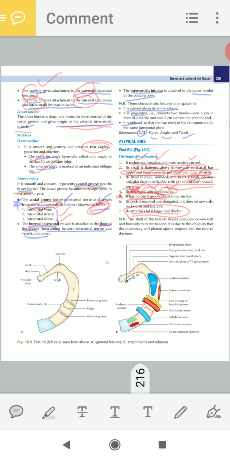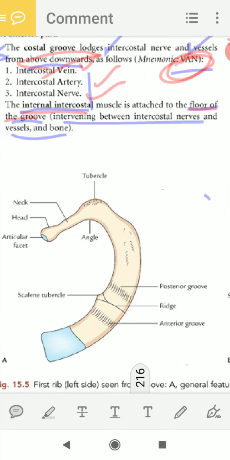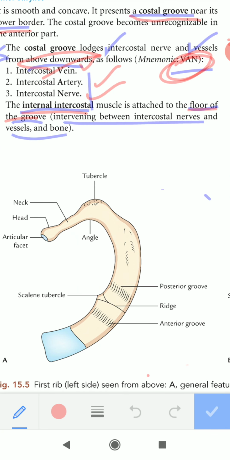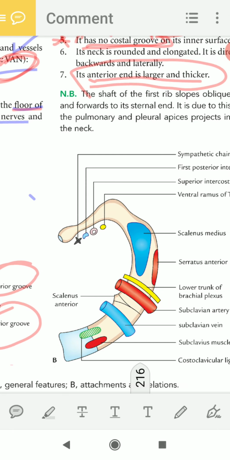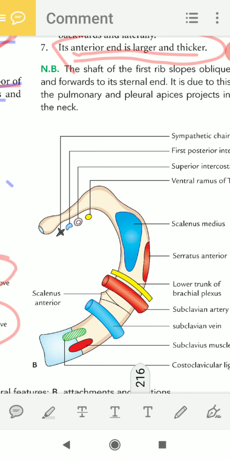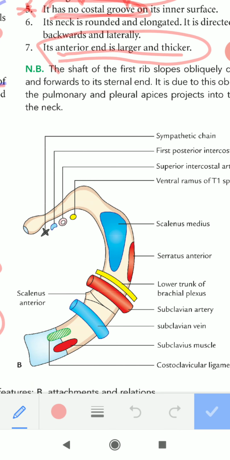On the upper surface, we told you there are two grooves, anterior and posterior. The anterior groove lodges the subclavian vein, and the posterior groove, we already saw, lodges the subclavian artery and lower trunk of the brachial plexus.